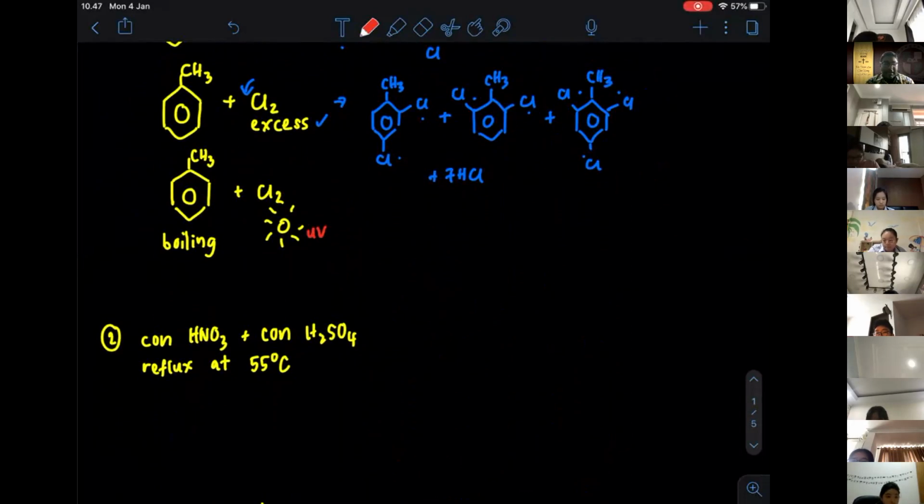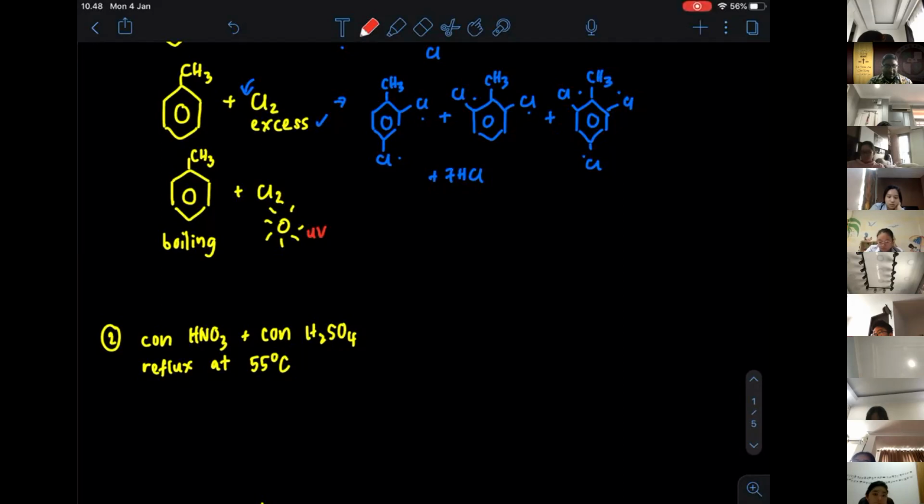We do not actually have free radical substitution happening with benzene. If you want the Cl to go into the benzene, you need catalysts, halogen carriers. But in this case, there are no halogen carriers, so we are just going to have free radical substitution.